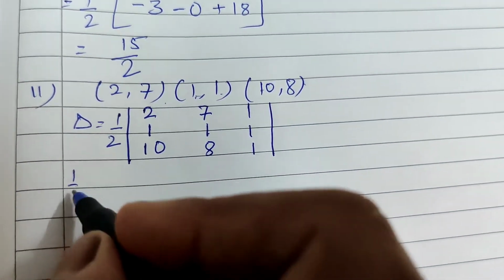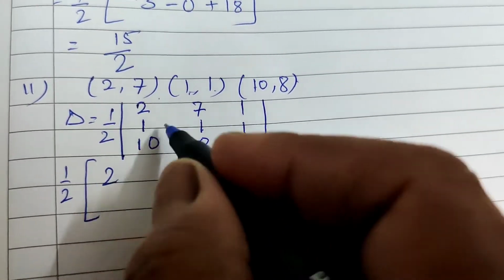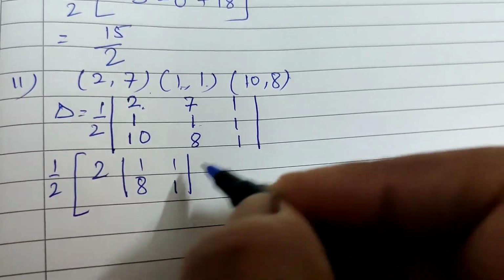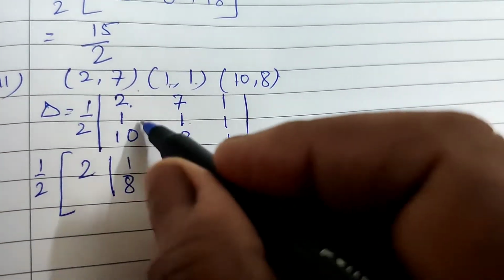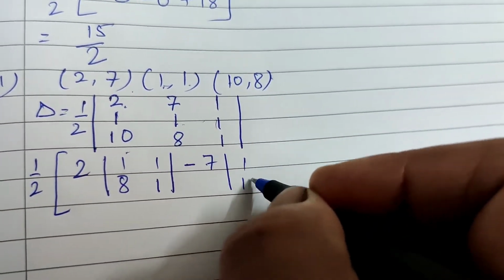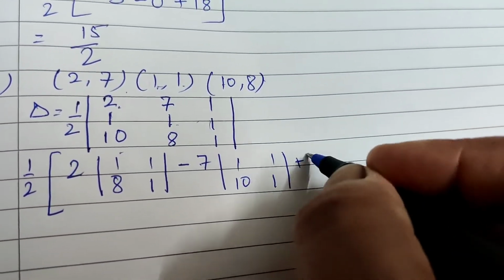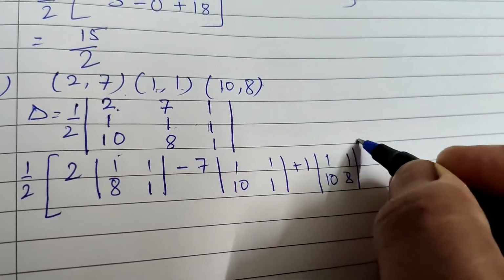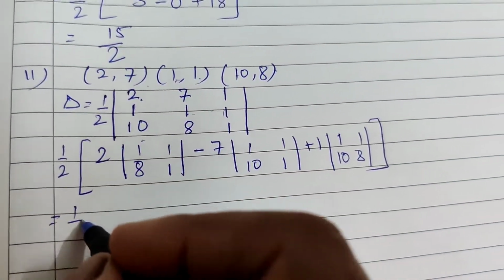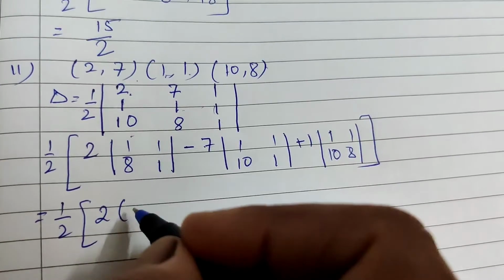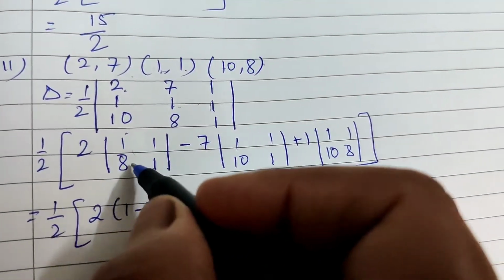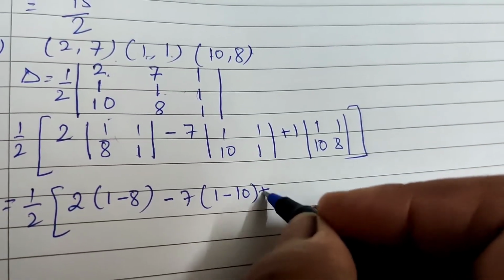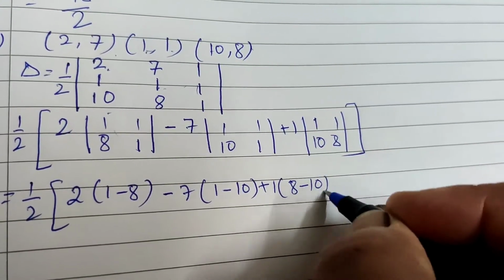The first term is 2 times its determinant, now minus 7 times its determinant, and the last 1 times its determinant. Now you can solve: 2 into (1 minus 8), minus 7 into (1 minus 10), plus 1 into (8 minus 10).